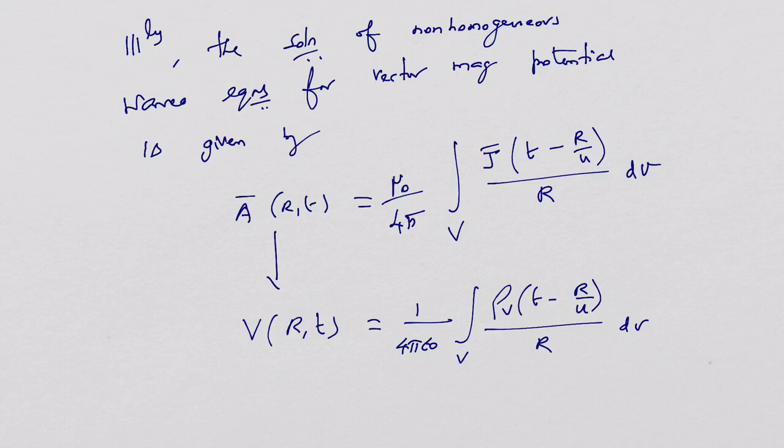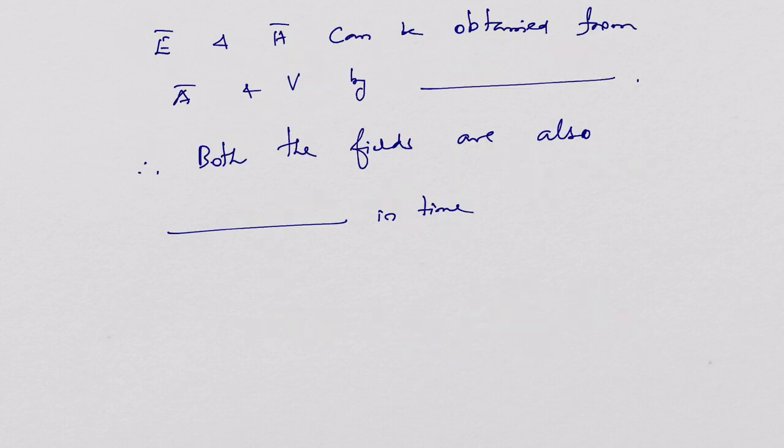How do you identify the scalar potential, electric potential and magnetic vector potential? Using delay time effects also. E and H are called retarded fields. Retarded fields are retarded because they are generated from retarded potentials, right?